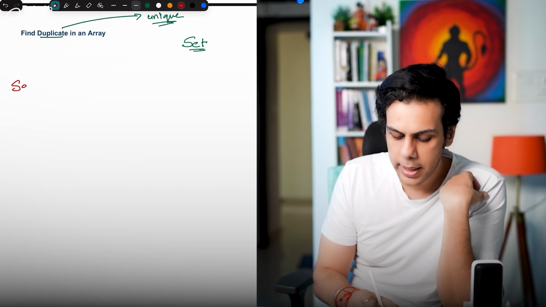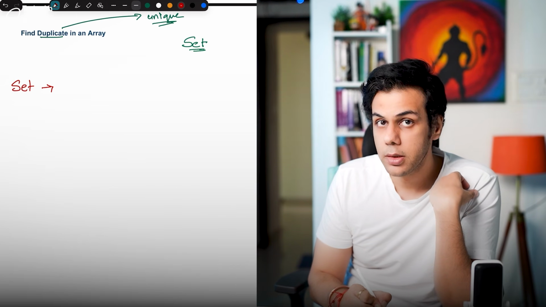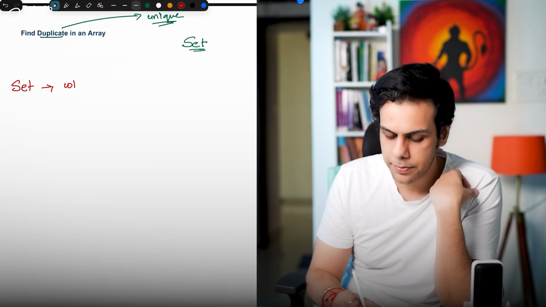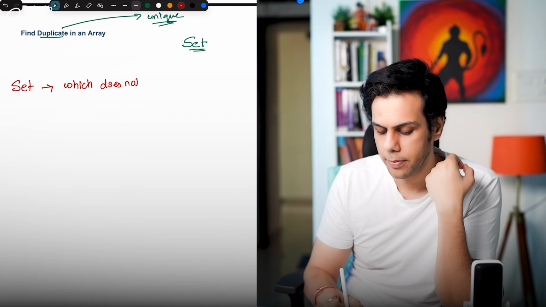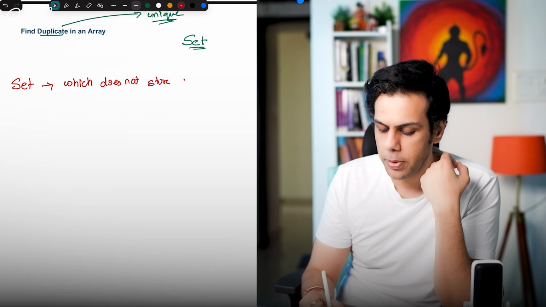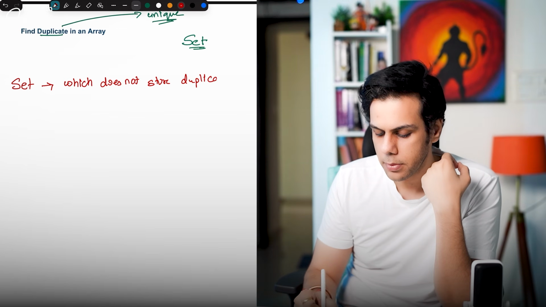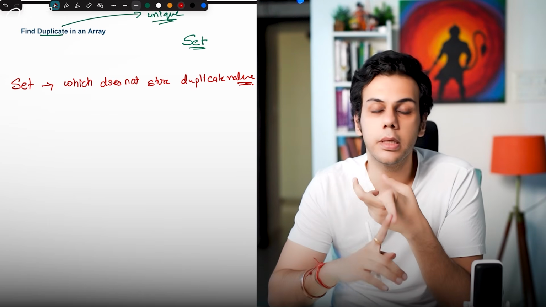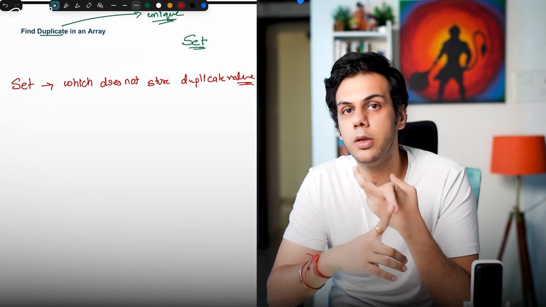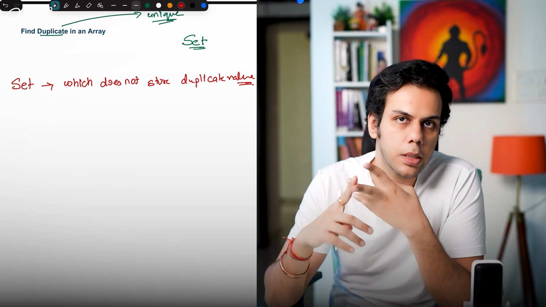Because set is the only data structure which does not store duplicate values. It is always going to have unique values.